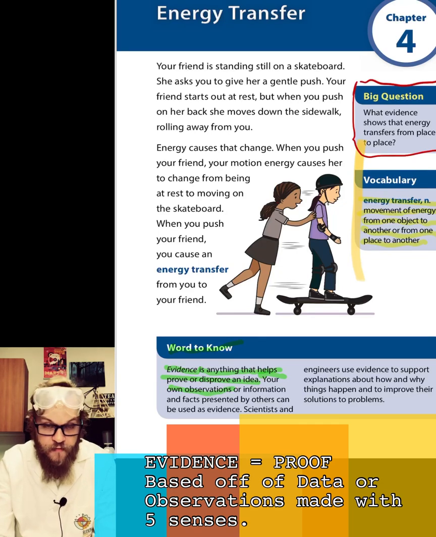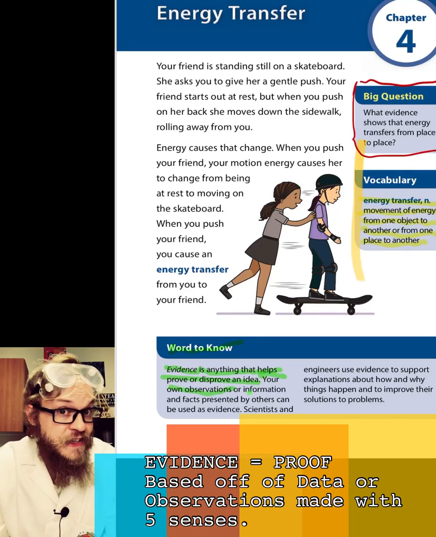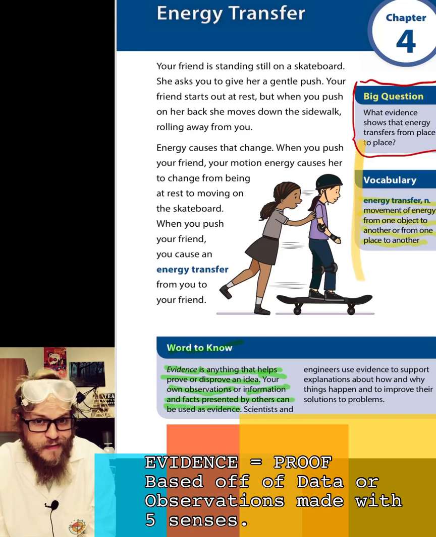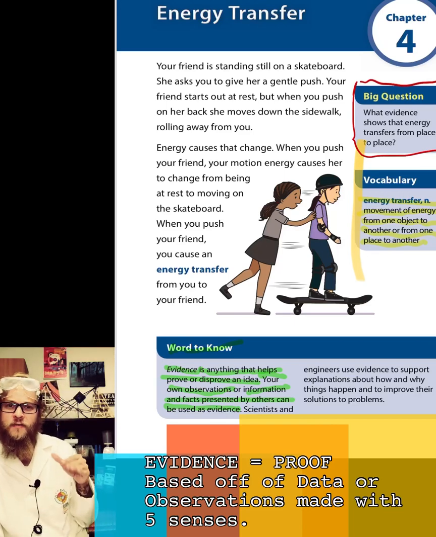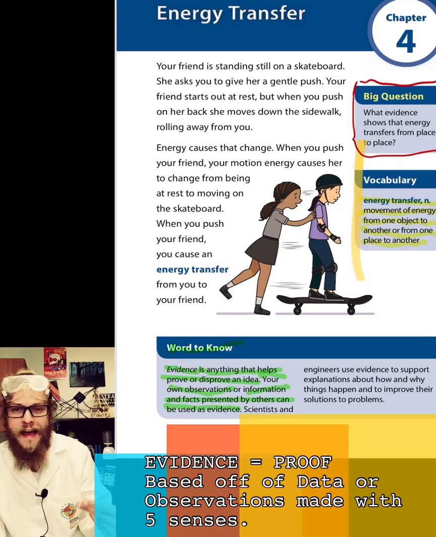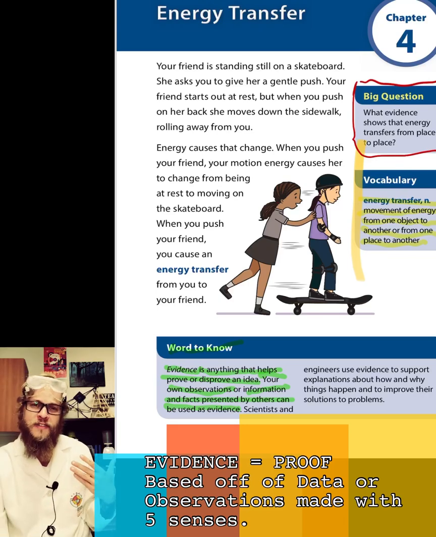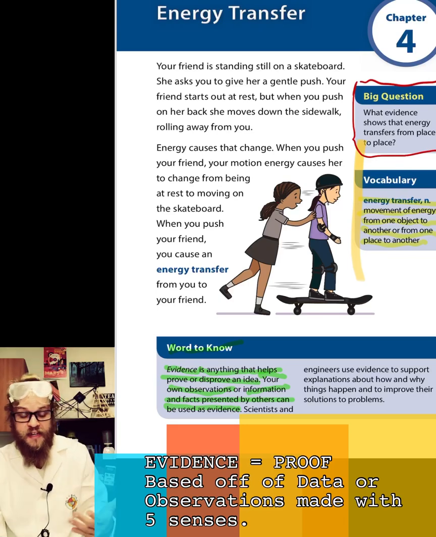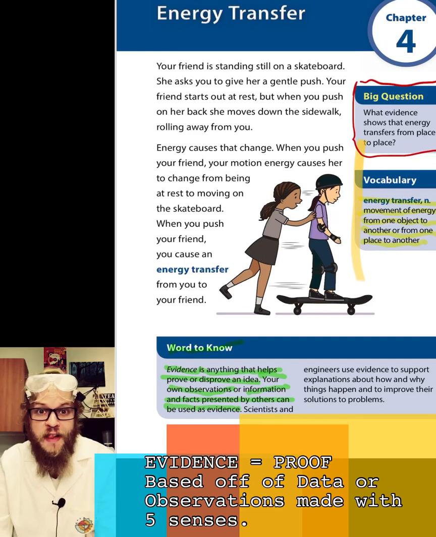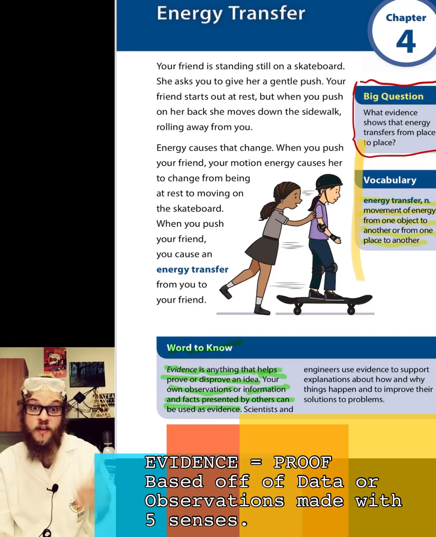Your own observations, sensory details, or information and facts presented by others can be used as evidence. You might hear this if you've ever watched a show where people go to court and a lawyer might ask, "Where is your evidence?" Or a police officer might say, "Here's the evidence." Okay? Scientists look for evidence. Scholars look for evidence. You're looking for evidence right now, right?